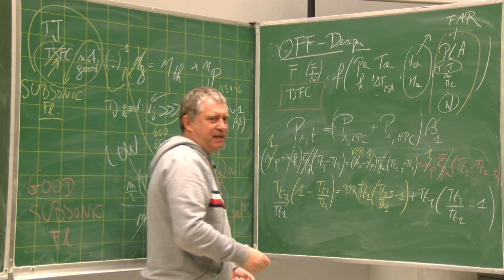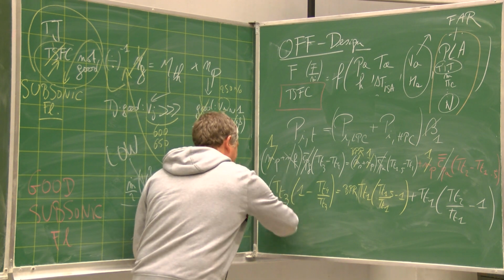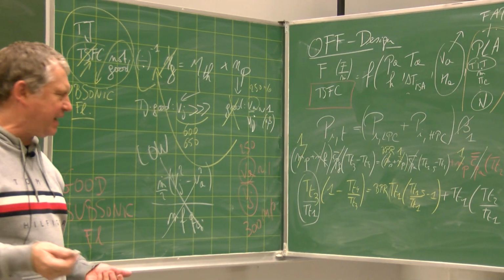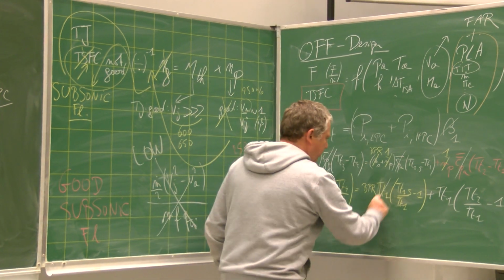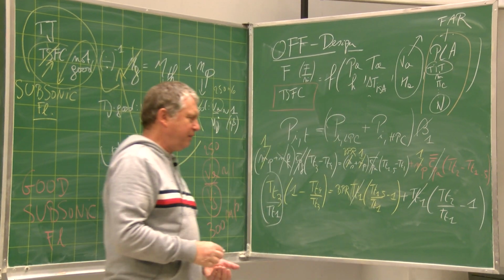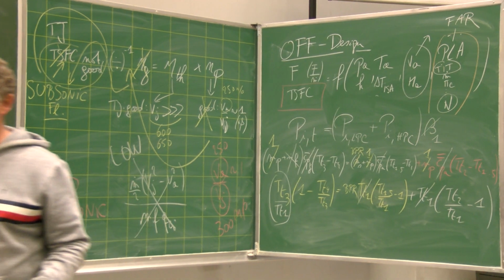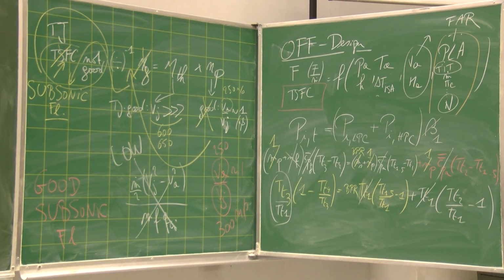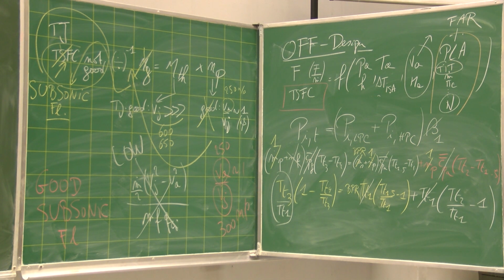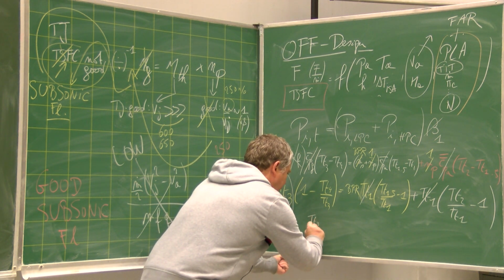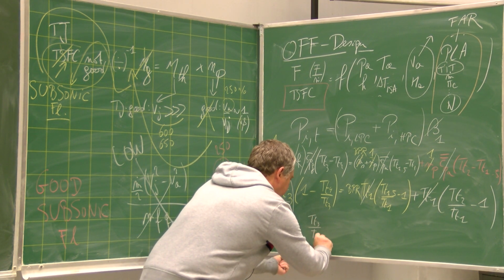Why do I say that? Because I like this parameter that is coming back from my basic gas turbine cycle. This is disappearing. And what do I have here? I will write it in this way, because this is a nice formulation. I have Tt3 divided by Tt1.